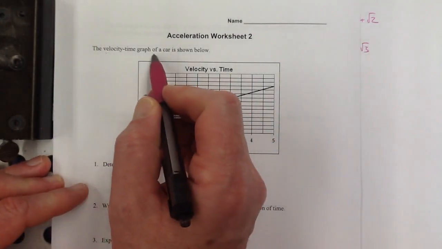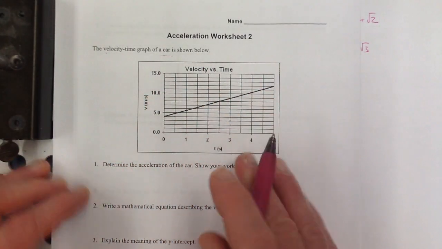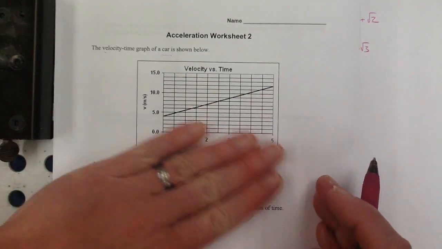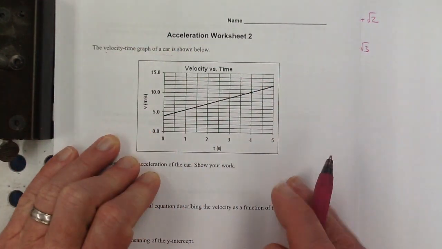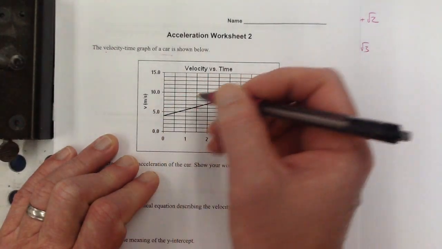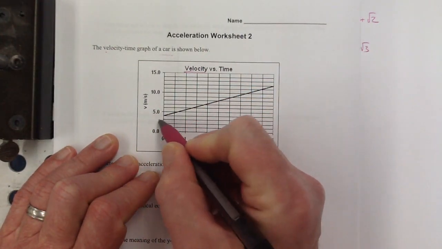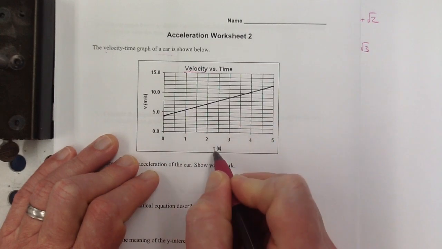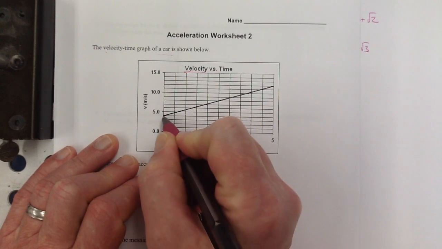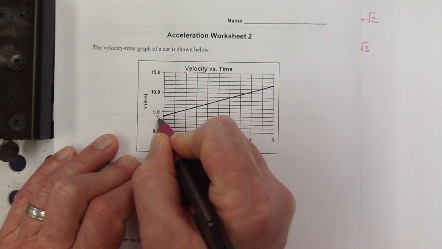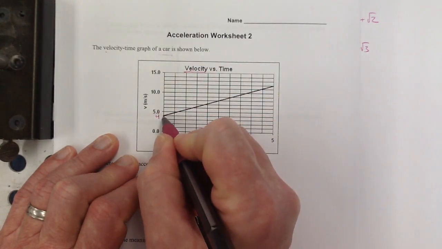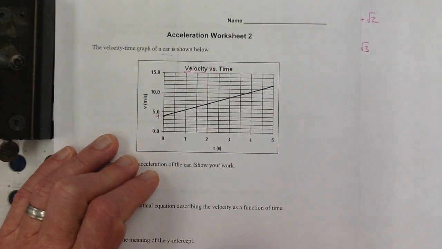The velocity time graph of a car is shown below. Before we answer any of these questions, just look at this and see if we can figure out what's going on here. Now, this is not a position versus time. This is velocity versus time. What I'm going to look at first is that at time 0, this car has a velocity of 4 meters per second.